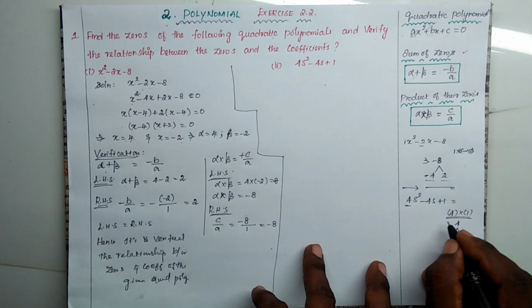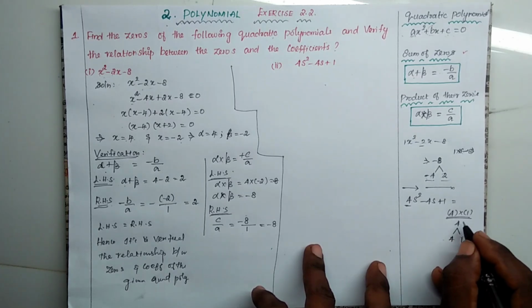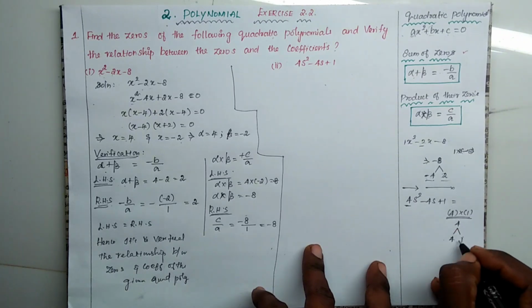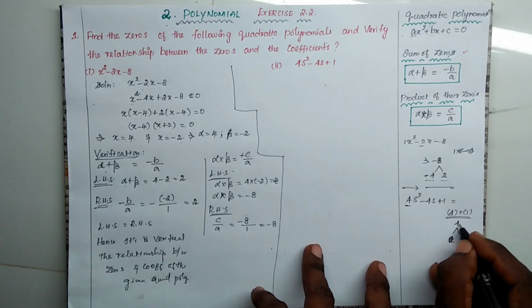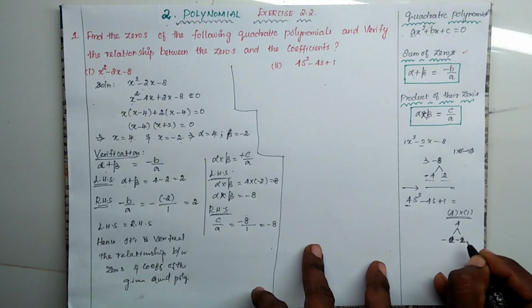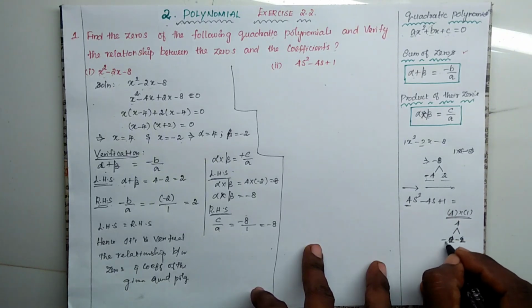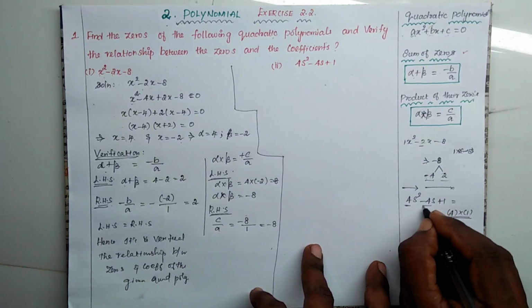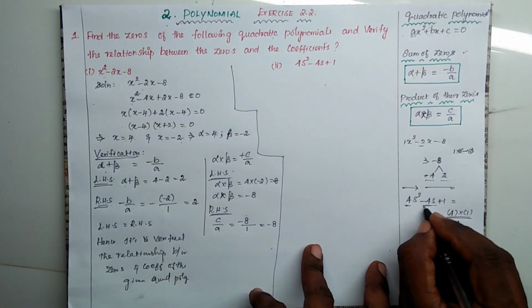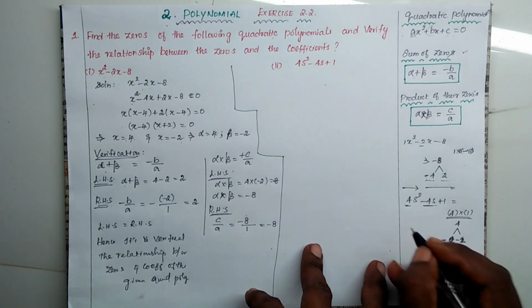If we multiply these, minus into minus becomes plus and 2 into 2 becomes 4, and if we add them minus 2 plus minus 2 will give us minus 4. So in the place of minus 4s we are going to write minus 2s minus 2s.